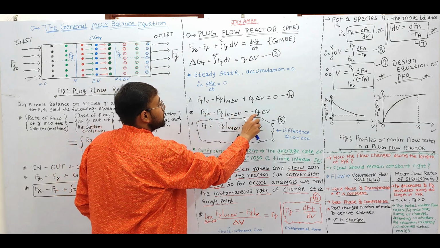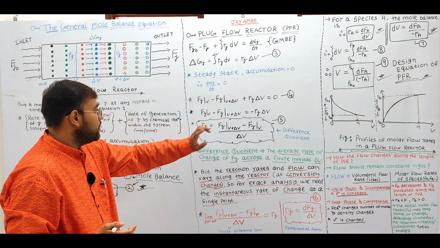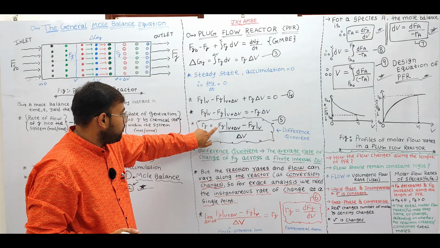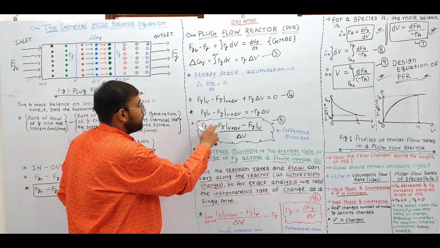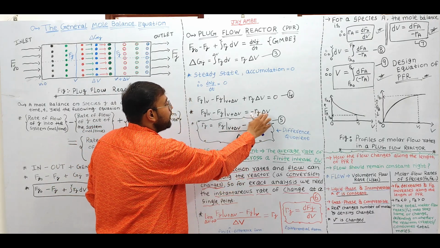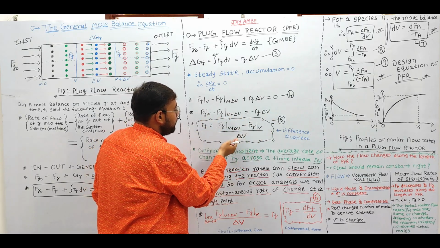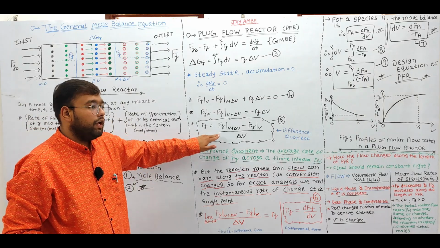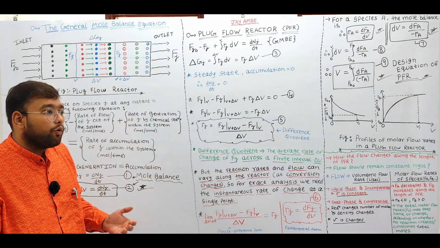And we are making the subject the rate of generation of any species, the rate of formation of any species j. So rj is equal to positive Fj at position of V plus delta V minus Fj at position V, and we are dividing by delta V. Here we have obtained equation 5, which represents the difference quotient.